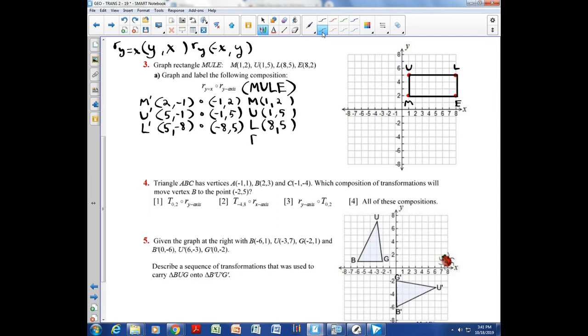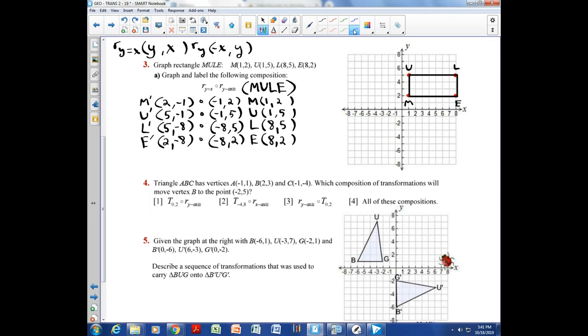And then finally, I'm going to take my E, which is 8, 2. I am going to change my x and keep the y, and then I'm going to switch them, and that is going to give me my E prime. And now I'm going to graph my MULE prime on the xy axis.